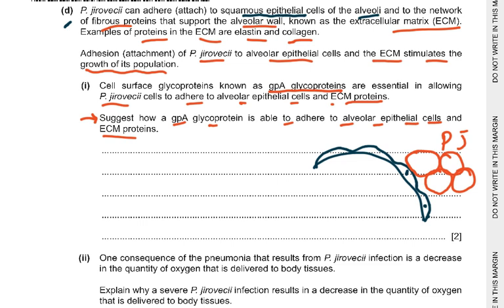So on the surface of this, there will be some sort of receptors to which the P. jirovecii attaches. So the GPA binds to a receptor protein on the surface of the alveolar cells, and the GPA is of complementary shape to the receptor on the alveolar cell or the ECM. So that is the basic understanding which you must have.